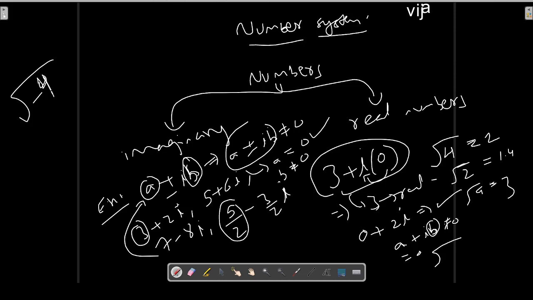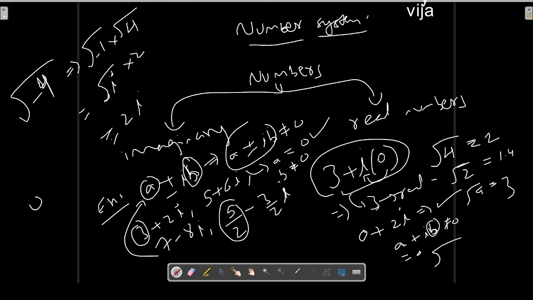We cannot directly say the square root of this number, so let's find out the square root of this number. So this becomes 2i, which is of the format 0 plus 2i. So this is an imaginary number. So in order to find the square roots of negative numbers, the concept of imaginary numbers exists. I think everyone is clear about imaginary numbers.